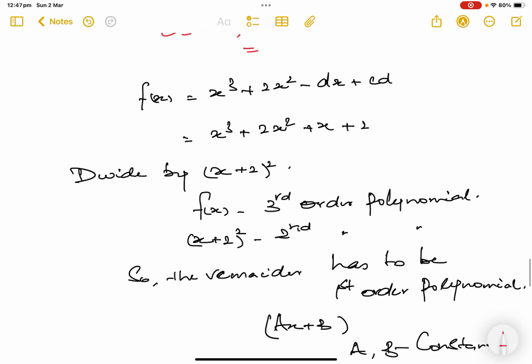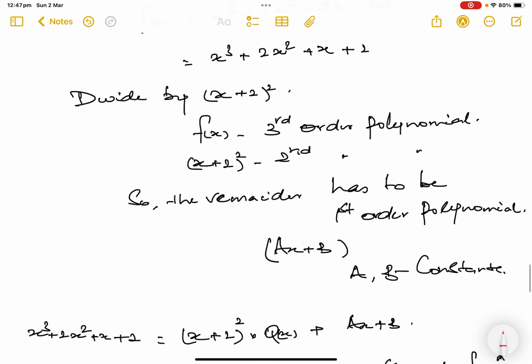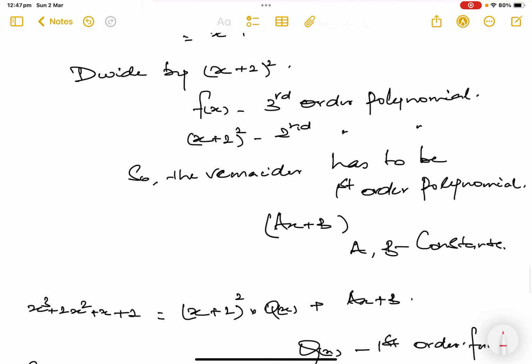We know that f(x), the actual given function, is a third order polynomial, and x plus 2 squared is a second order polynomial. If you divide third order by second order, the quotient is first order, and the remainder is first order too.